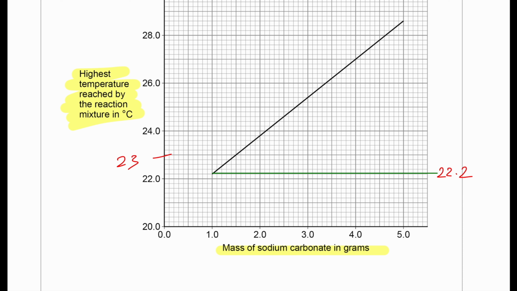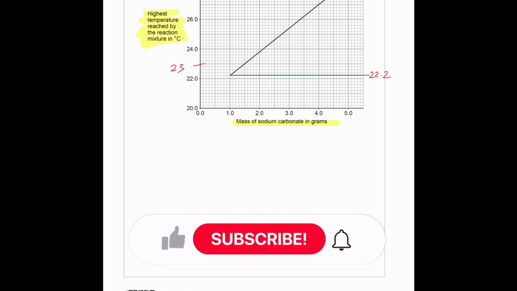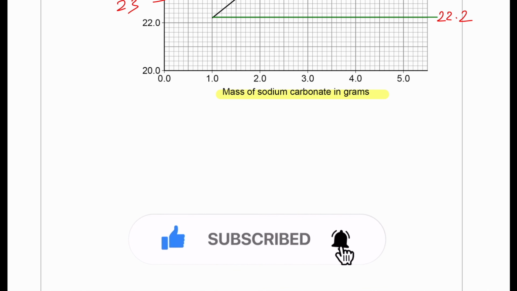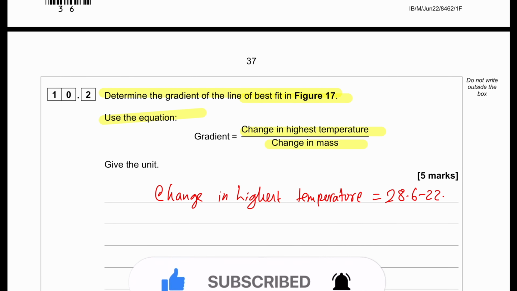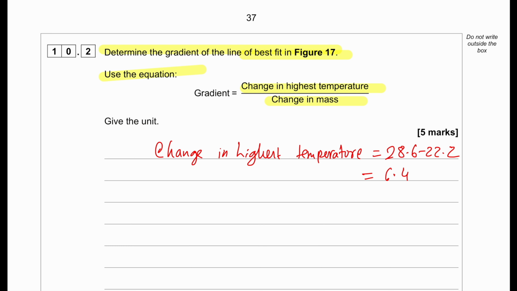And the highest temperature recorded was at 5 grams, it was 28.6. So first of all, change in temperature. This will be 28.6 minus 22.2, which equals 6.4, so the highest temperature change is 6.4 degrees Celsius.